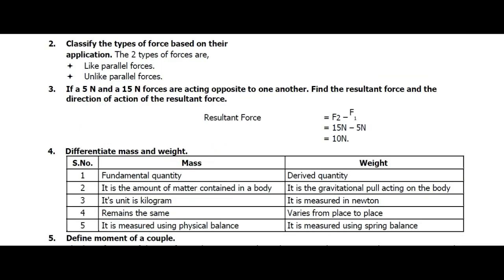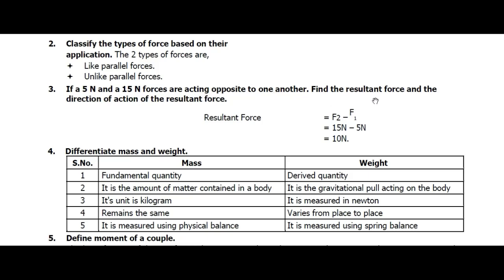Second one: classify the types of force based on their application. There are two types of forces: like parallel forces and unlike parallel forces. Next problem: a 5 Newton and a 15 Newton force are acting opposite to one another.